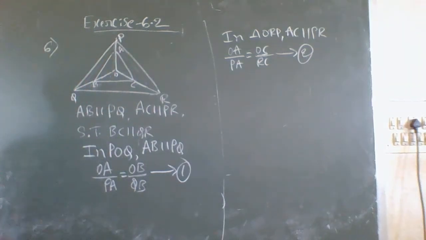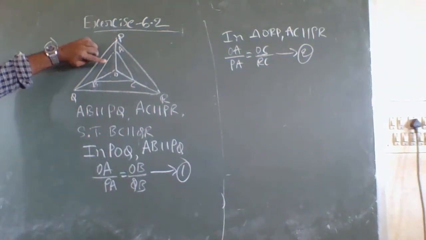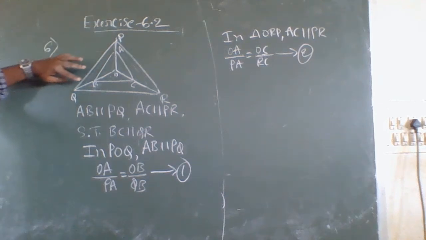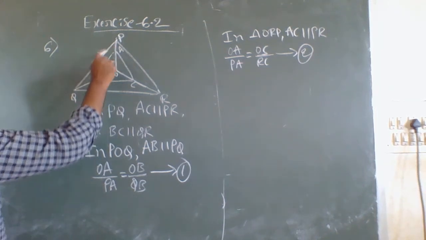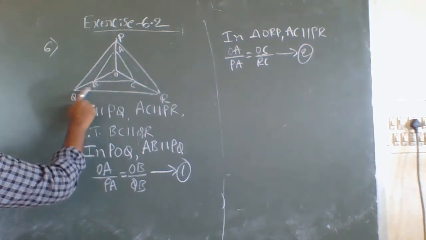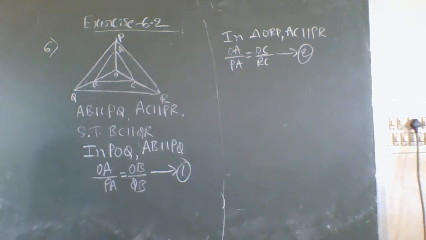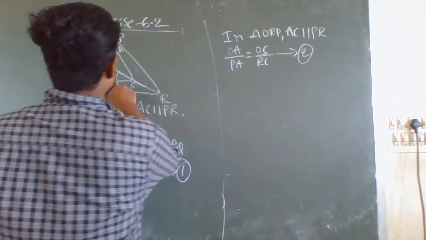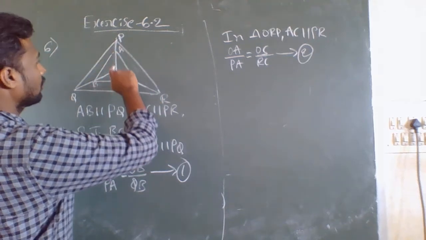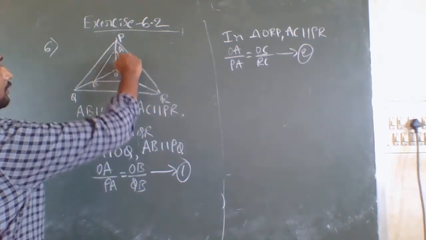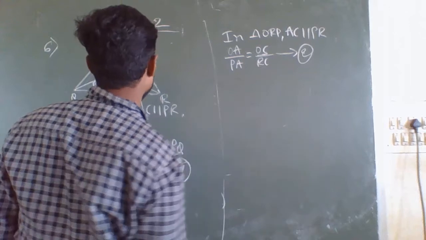So first I will consider triangle POQ, where AB is parallel to PQ. Therefore, OA by PA is equal to OB by QB, by using the theorem. In triangle ORP, AC is parallel to PR.